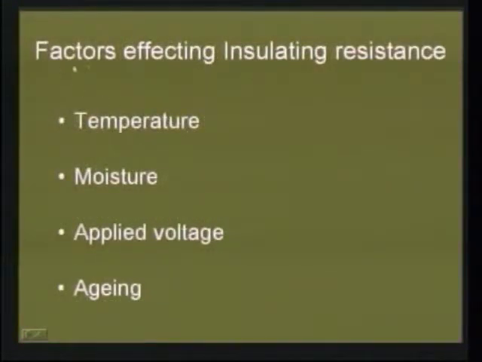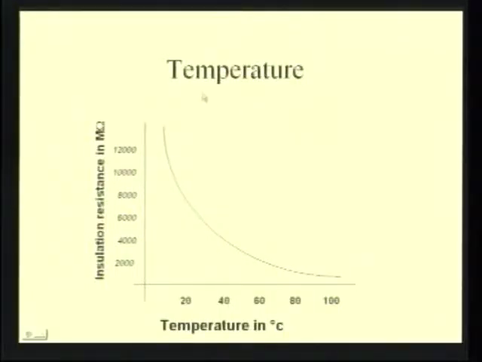The factors affecting the insulating resistance are the temperature, moisture, applied voltage and aging. Now we will see how these factors affect insulating resistance. First is temperature. The temperature affects the insulating resistance of a material. Here we see when the temperature is less, the resistance of the material is high.